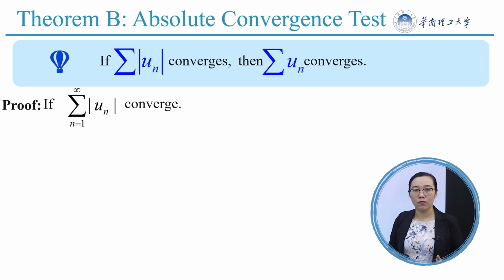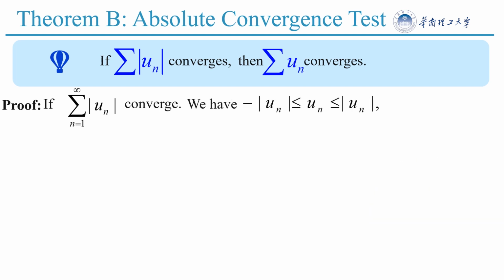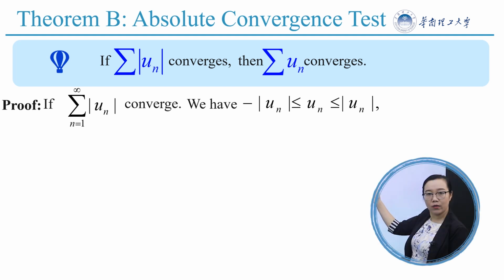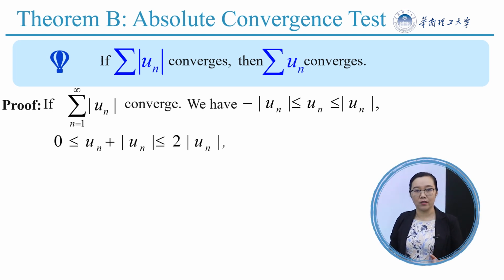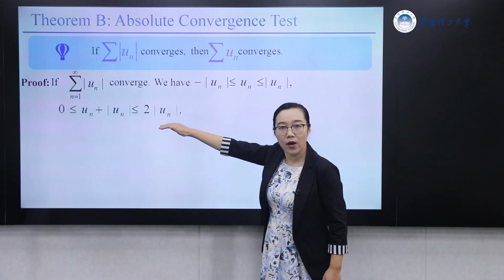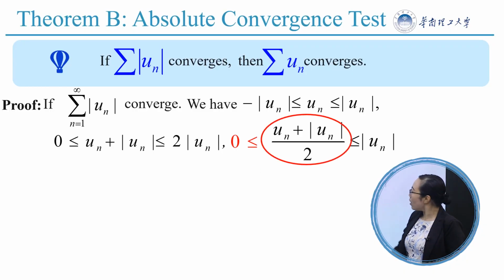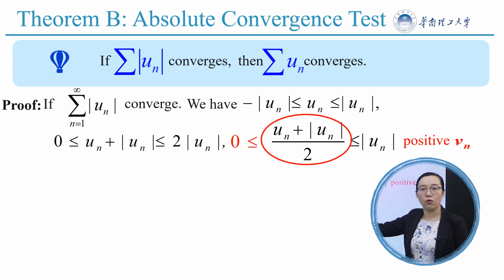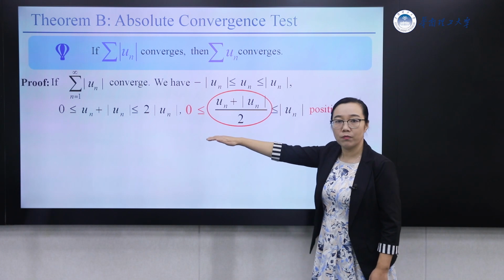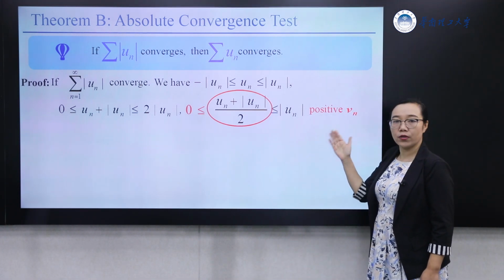If the summation of the absolute value of Un converges, we will have Un is between the negative absolute value of Un and the positive absolute value of Un, which means that Un plus the absolute value of Un is between 0 and double the absolute value of Un, which means that Un plus the absolute value of Un over 2 is between 0 and the absolute value of Un.